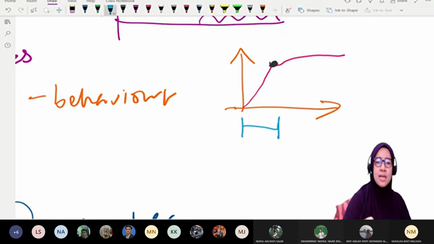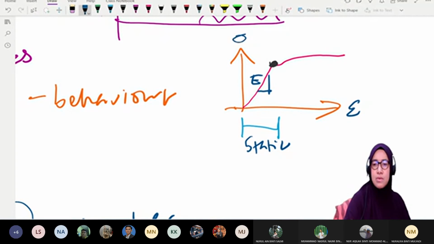Dekat sini nama dia static range. Under this static range, this gradient is E, the modulus of elasticity. This graph is stress versus strain. You remember this? That's why we get E.